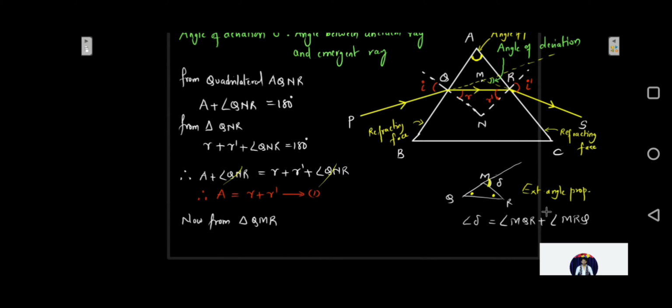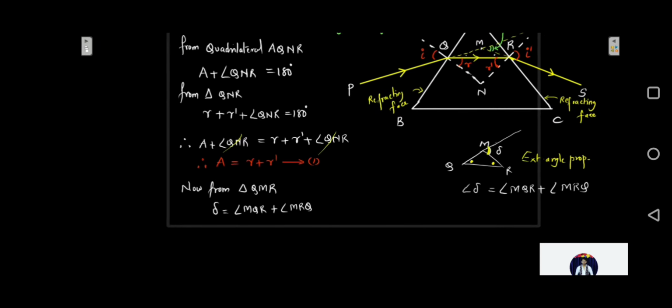So the same thing I am going to write over here. Basically what I get is the deviation will be equal to angle MQR plus angle MRQ, that is this angle plus this angle. But if I want to find out the measure of MQR, I can do that. If you look at this carefully, I will just draw these two lines on this side. This is my angle of incidence.